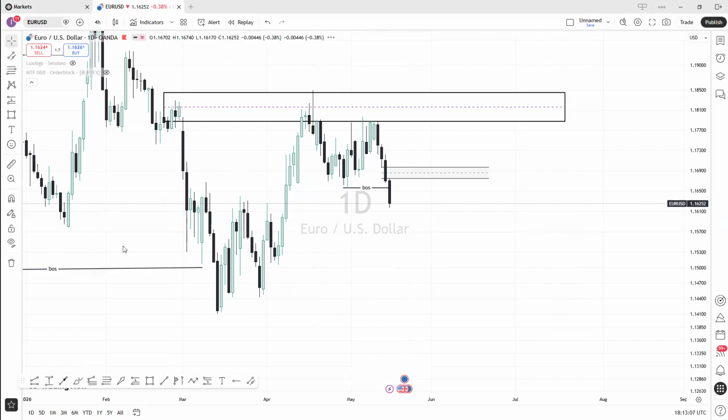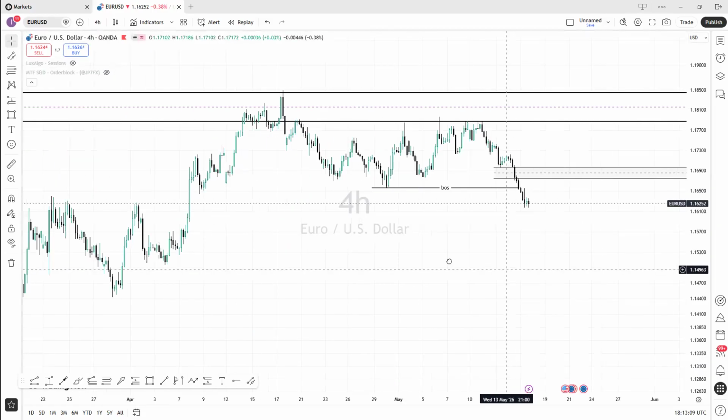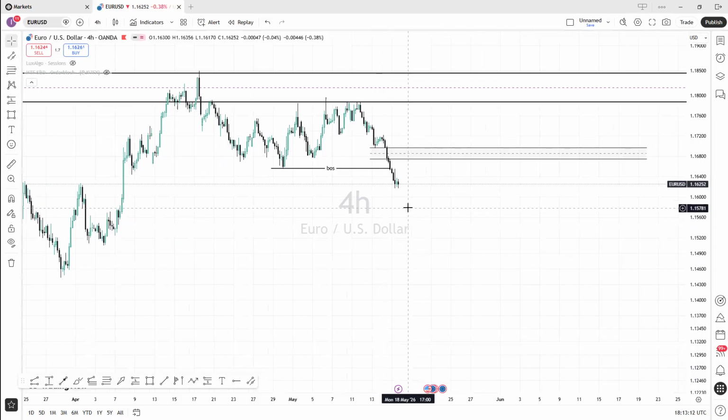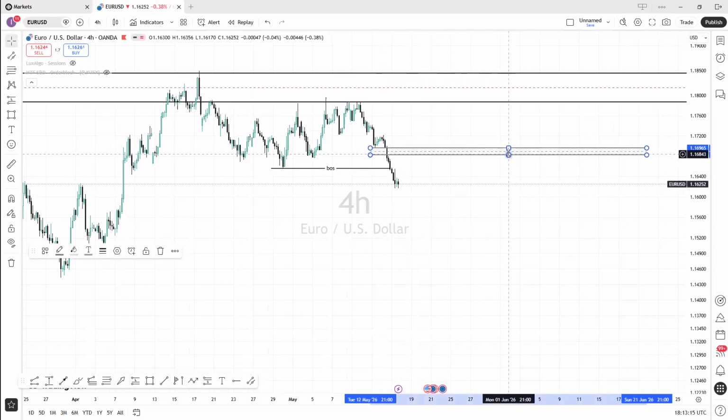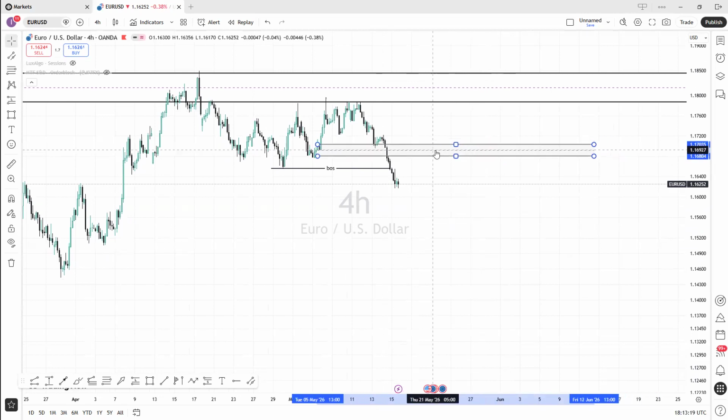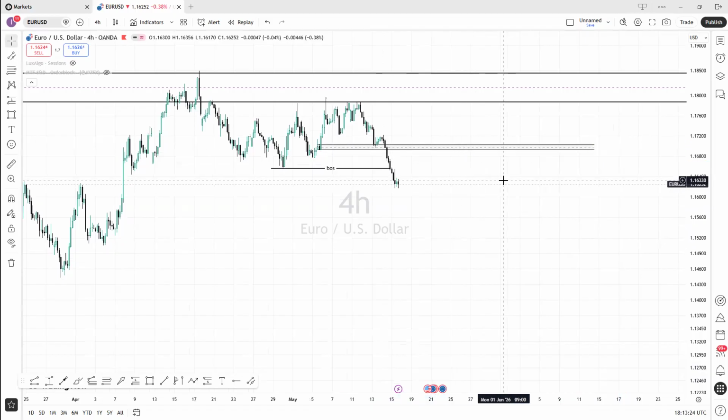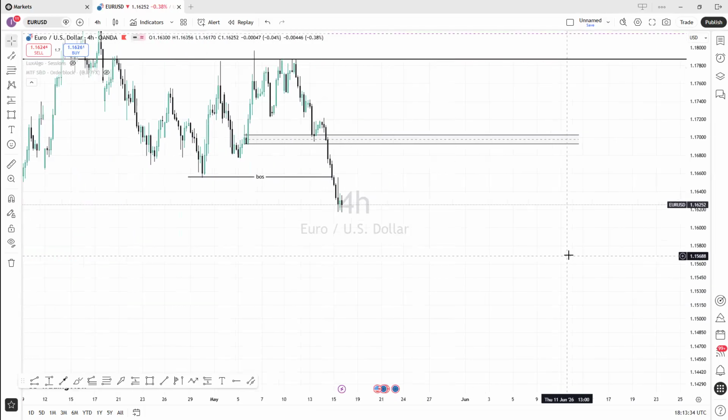Shift your time frame to the 4-hour time frame, and on the 4-hour time frame, on the same zone that we spotted, this daily fair value gap. You can see on the left side here, you have this breaker block on the 4-hour time frame, which combines with the daily time frame fair value gap.